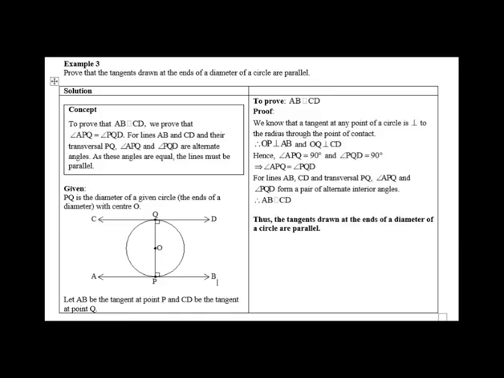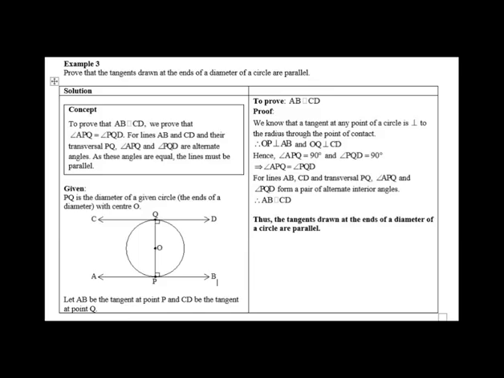Let us start with the proof. We know that a tangent at any point of a circle is perpendicular to the radius through the point of contact. Therefore, OP is perpendicular to AB and OQ is perpendicular to CD. Hence, angle APQ is equal to 90 degree and angle PQD is equal to 90 degree, which implies angle APQ is equal to angle PQD.